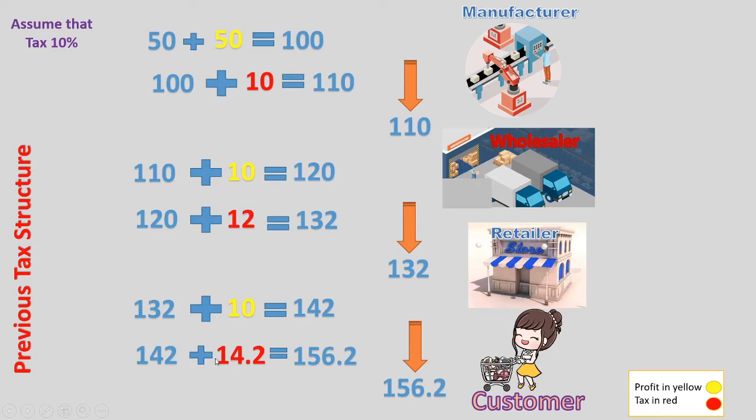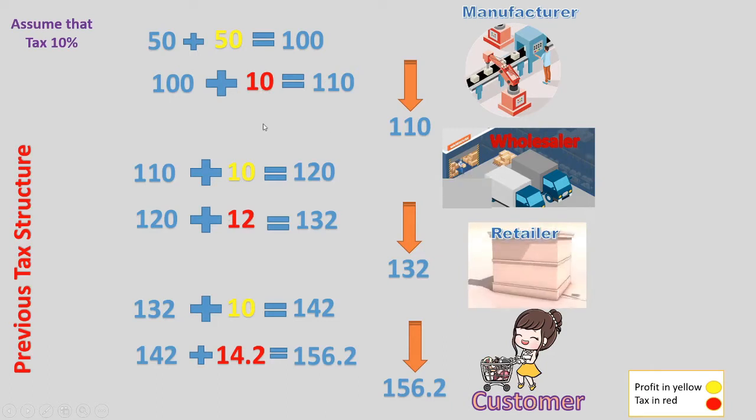So this is called the cascading effect of tax, and this puts more burden on the customer. Ultimately the product cost is 100 rupees and the customer has to pay 156 rupees because of all this tax structure. So this is eliminated in GST.